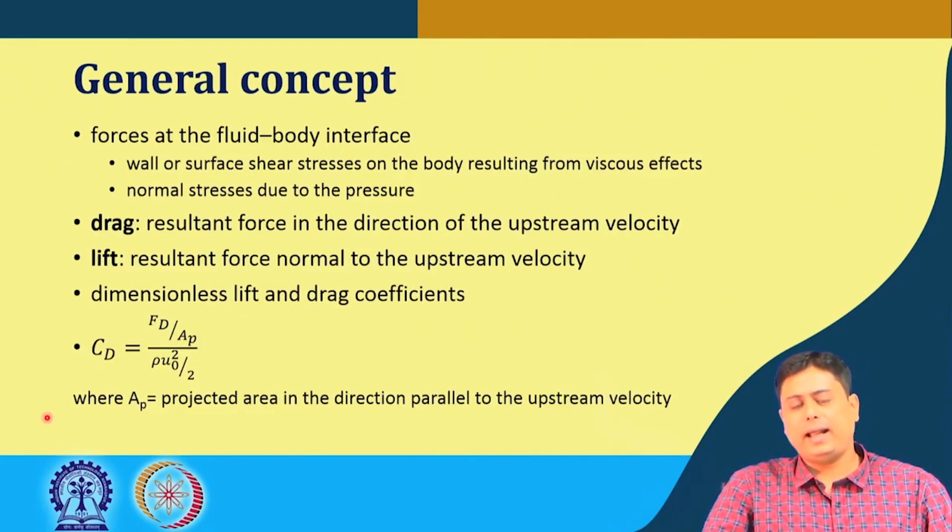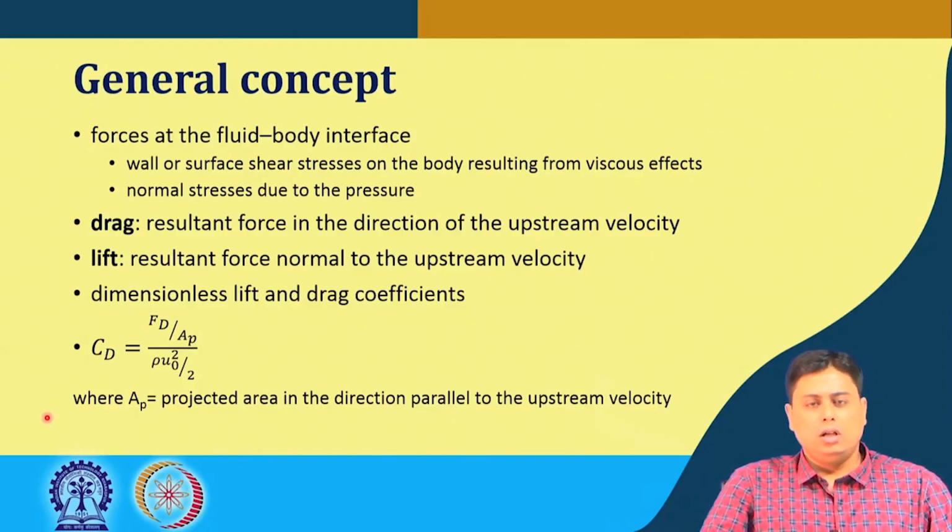The forces that act on the fluid-body interface are principally of two types. One is the wall or surface shear stress on the body resulting from the viscous effect. This is mainly due to the fluid viscosity that gives us the wall or surface shear stresses, and there is a normal stress due to the pressure.